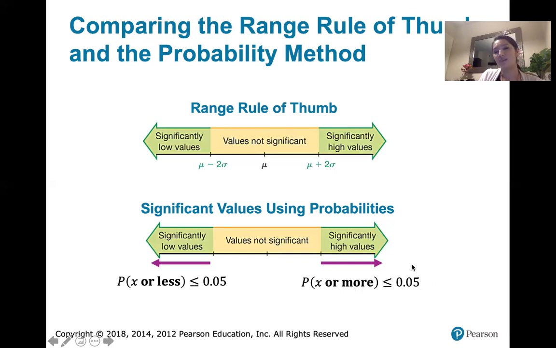So we're using probabilities as our cutoffs here, and in the range rule of thumb, we're using the number of standard deviations from the mean. But either way, we're looking at what happens in the tails, and if something is very high or very low with different ways of cutting off what's significantly high and significantly low between the two methods, then we're going to say that those values are significant.